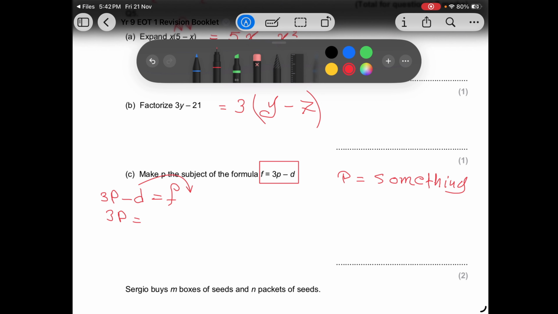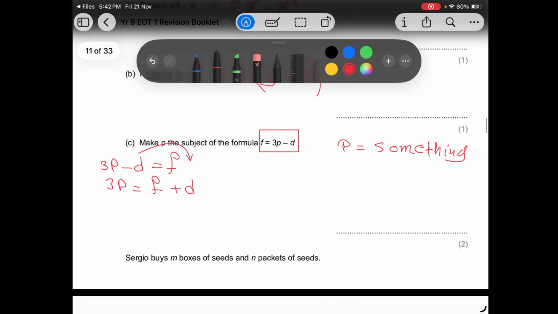3P equals F plus what? Plus D. Then what I will do here, guys, I will divide both sides by 3, goal accomplished. And now I have P alone, so it will be like this. P equals F plus D over 3.